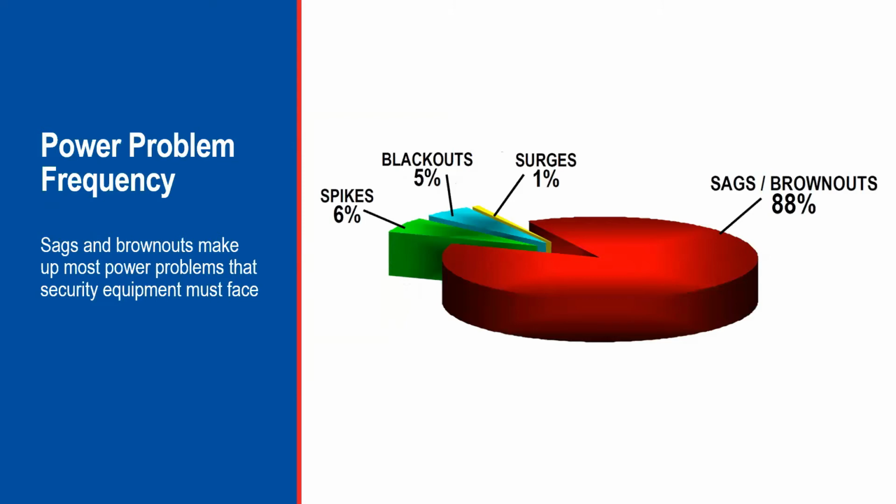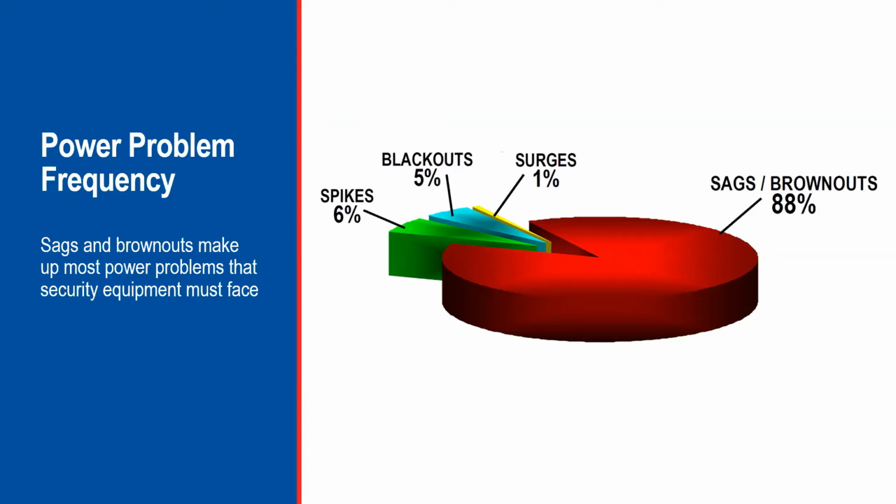So here's a visual of how some of those power problems break out. This provides you a breakdown of the commonality of each power problem that can exist. While many types of power problems do exist, most of the ongoing problems that equipment face are sags and brownouts. These dips in voltage make up to 88% of total power problems, while spikes, blackouts, and surges combined make up the remaining 12%.